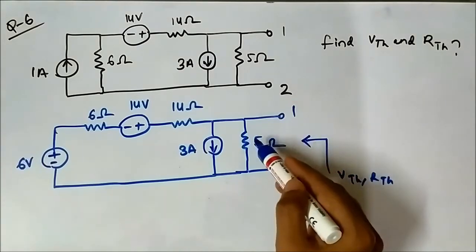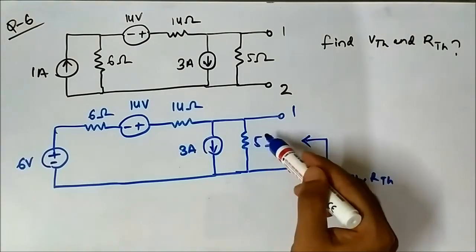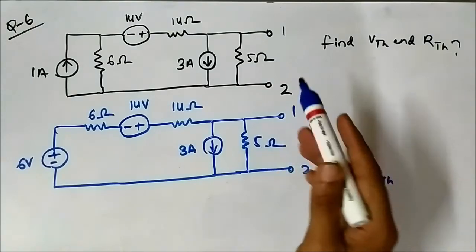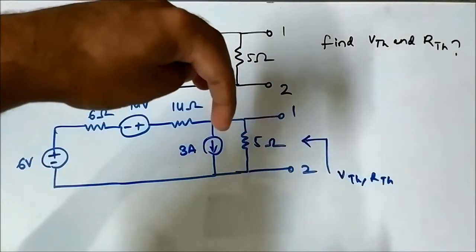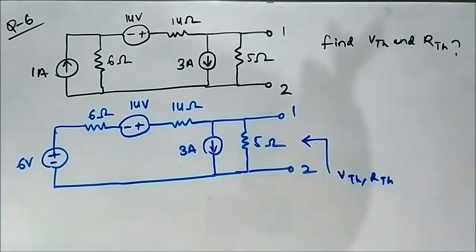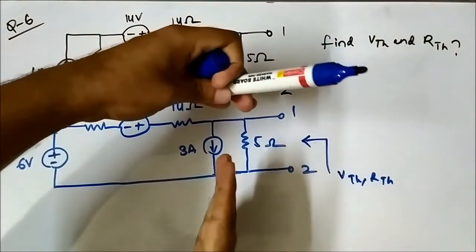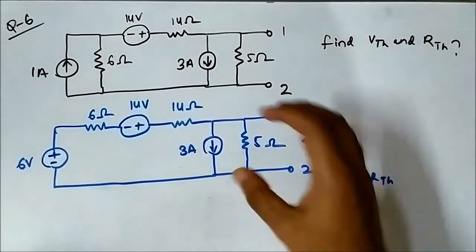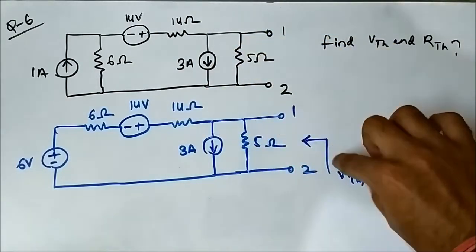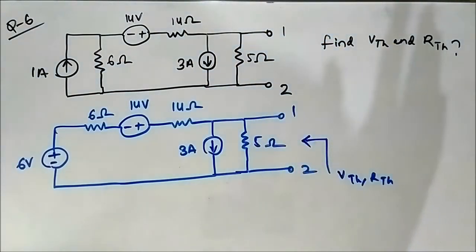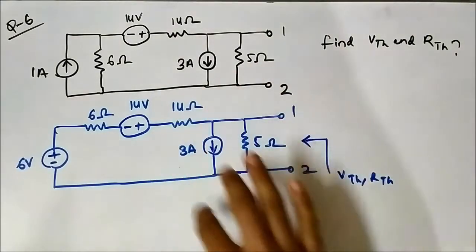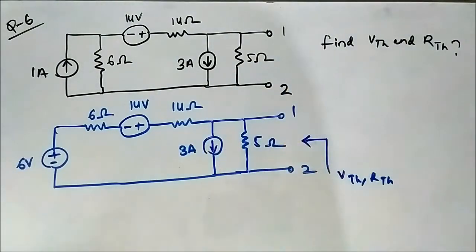Means the terminal essentially means the voltage drop across this 5 ohm resistor. So when you convert it in that way, it will unnecessarily complicate the circuit. So we'll not make any change here. We'll keep it as it is.